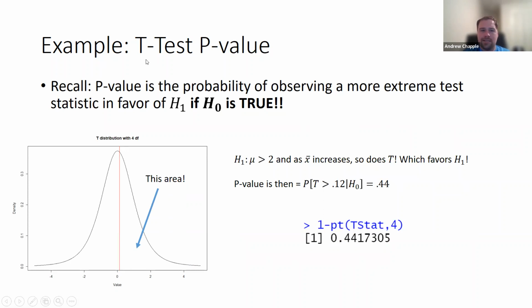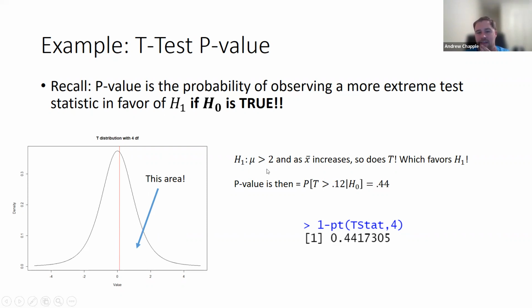So if I want to get a t-test p-value, what I need to do is calculate this area. Because remember, a p-value is defined as the probability of observing a more extreme test statistic in favor of the alternative if the null is true. So if the null is true, my test statistic being bigger than 0 is in favor of the alternative, my mu being bigger than 2. So it'd be this area right here.